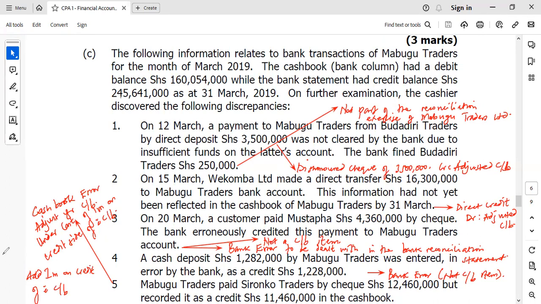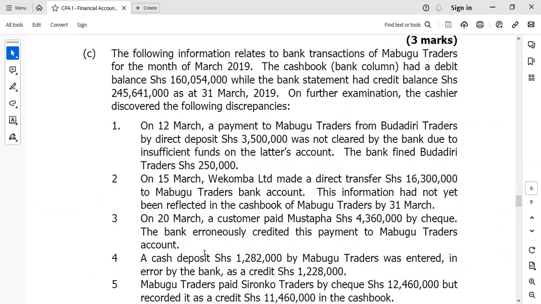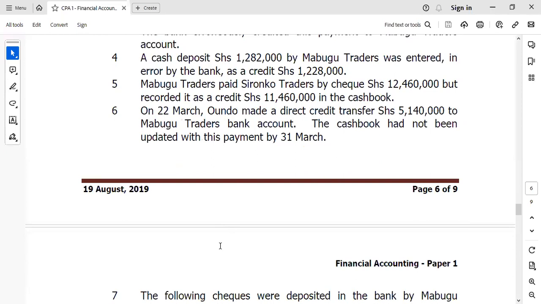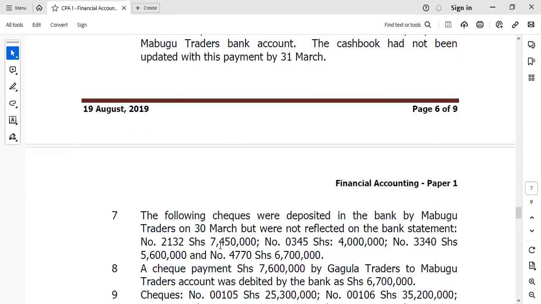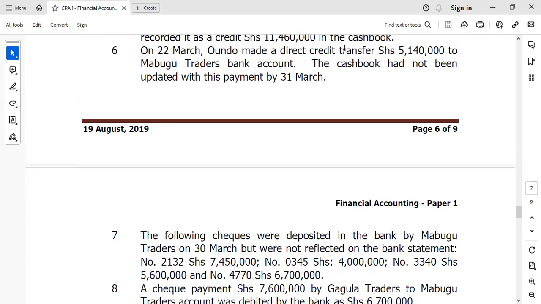Then from there, let's move to the next notes. We move to note 6. According to note 6, we have been told that on 22nd March, Oundo made a direct credit transfer of shillings 5,140,000 to Mabugu traders bank account.